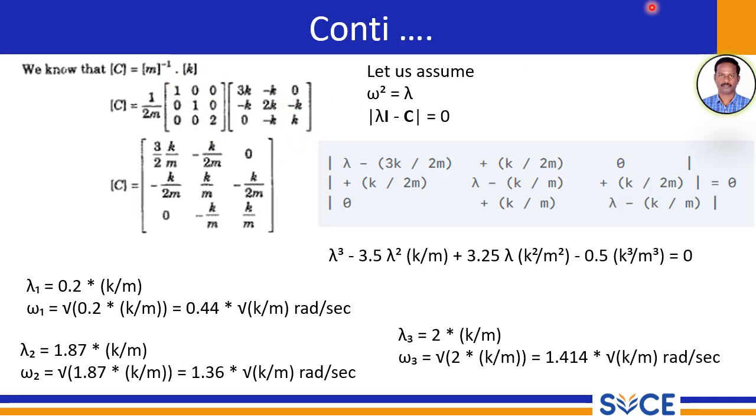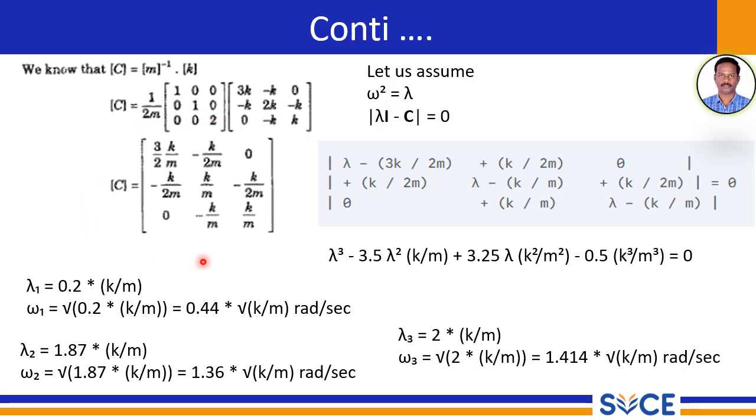You can see that the stiffness matrix is multiplied with the inverse mass matrix, where 1 by 2m is the outcome of the inverse matrix.